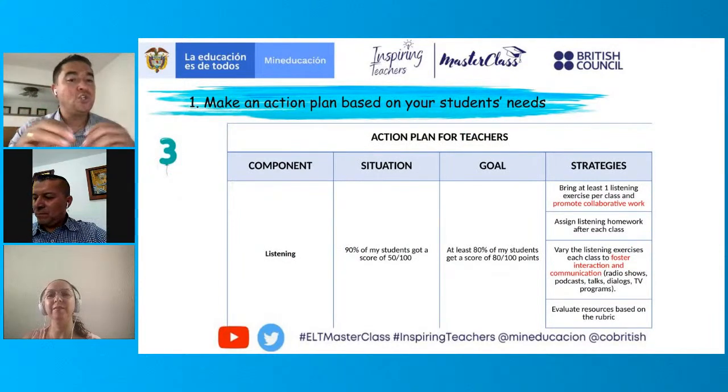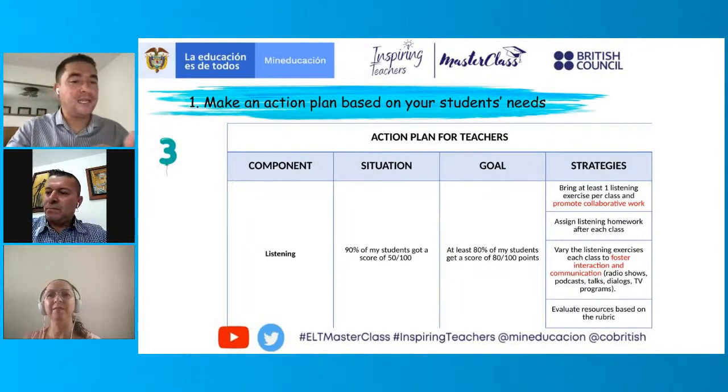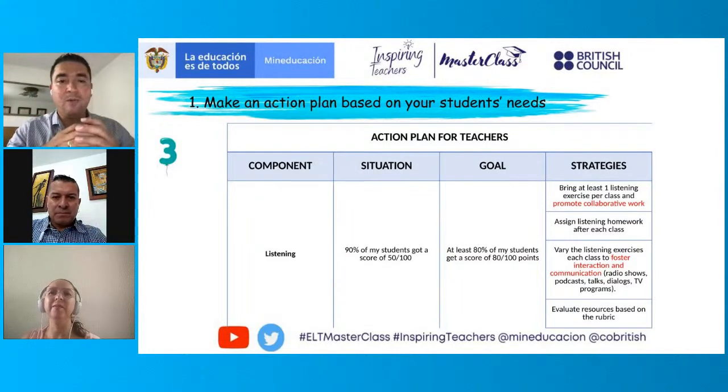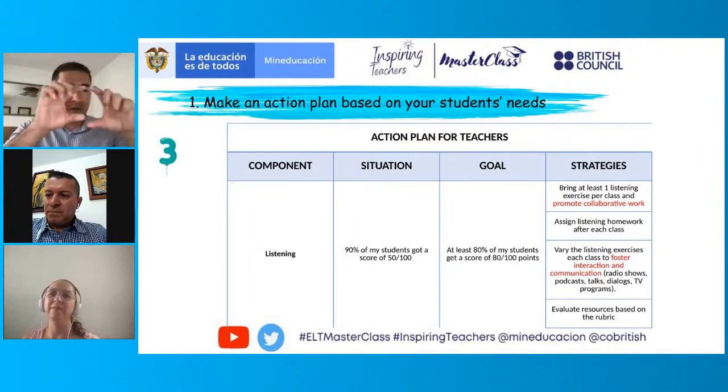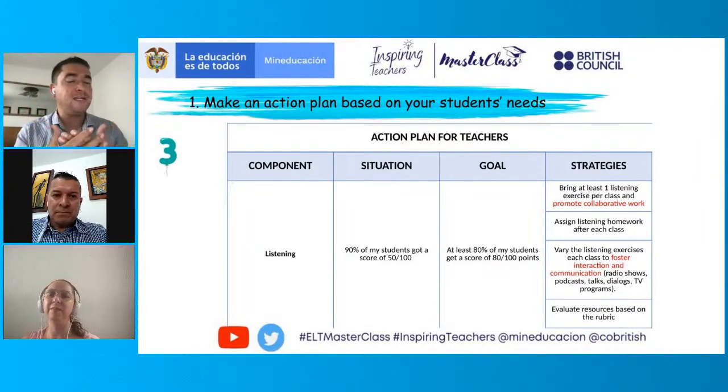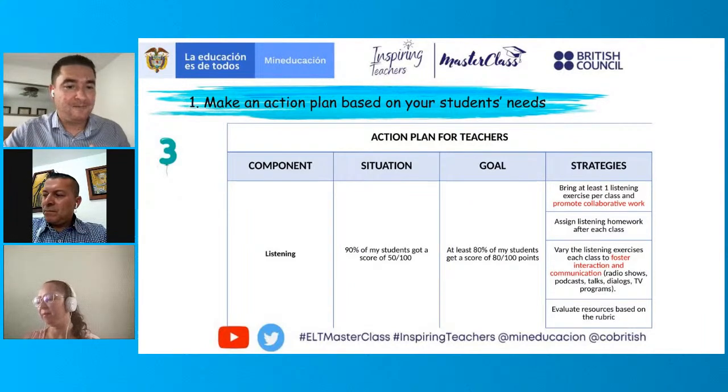So I'm going to share with all of you, with all the people who are watching, who are listening, who are here, for everybody, I am going to share with you this action plan. Remember, I'm just sharing with you here like the first part, but this is more structured, more elaborated, but you can adapt it. You can make changes. So number 1, action plan for all of us.